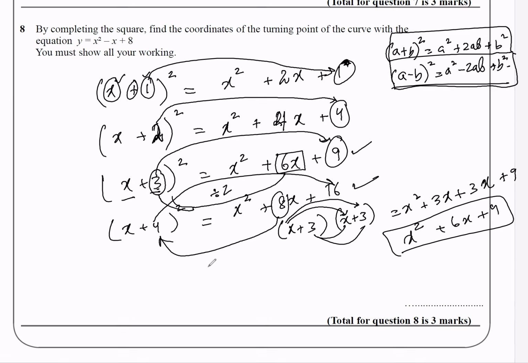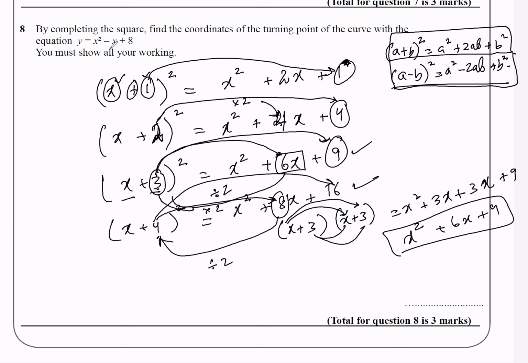Or alternatively, if you multiply by 2, you will get this. Means in front you are multiplying by 2, and to go back you are dividing by 2. Understand the whole procedure? That is known as completing a square.